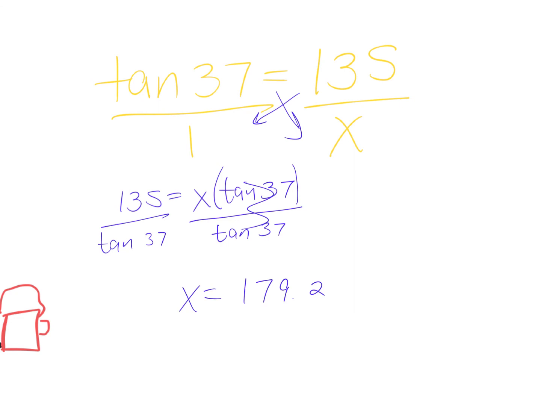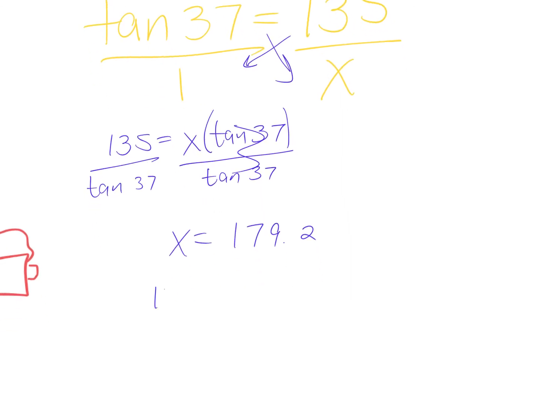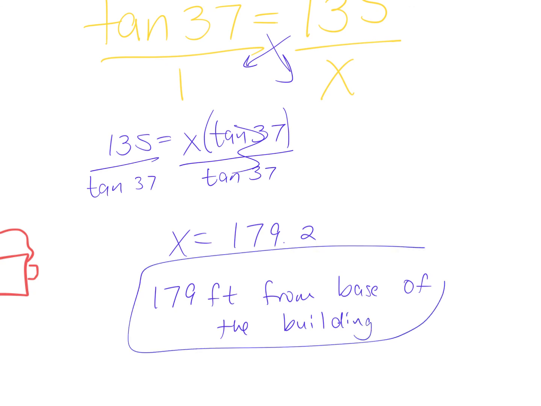So if I said round to the nearest foot, you would tell me that the fire hydrant is about 179 feet from the base of the building. You guys understand that? Where we got that from?